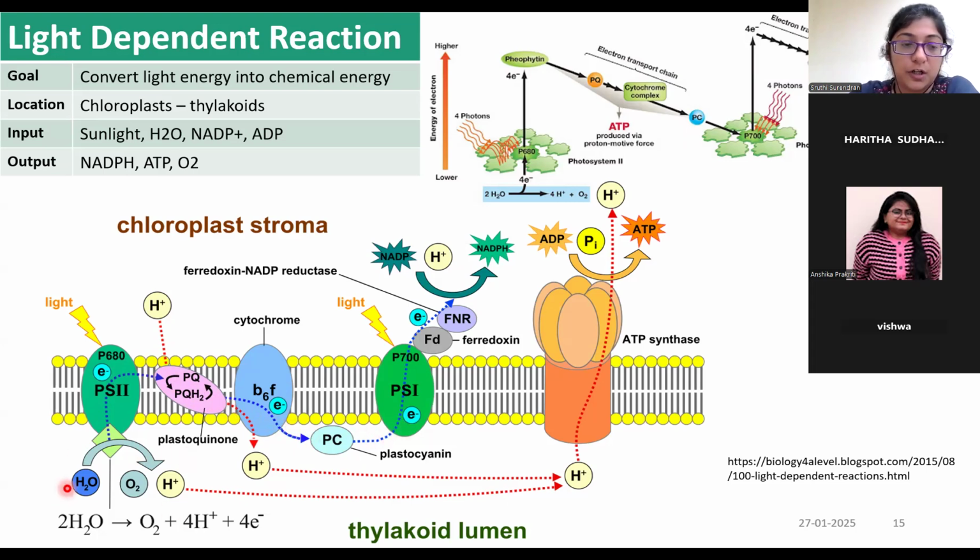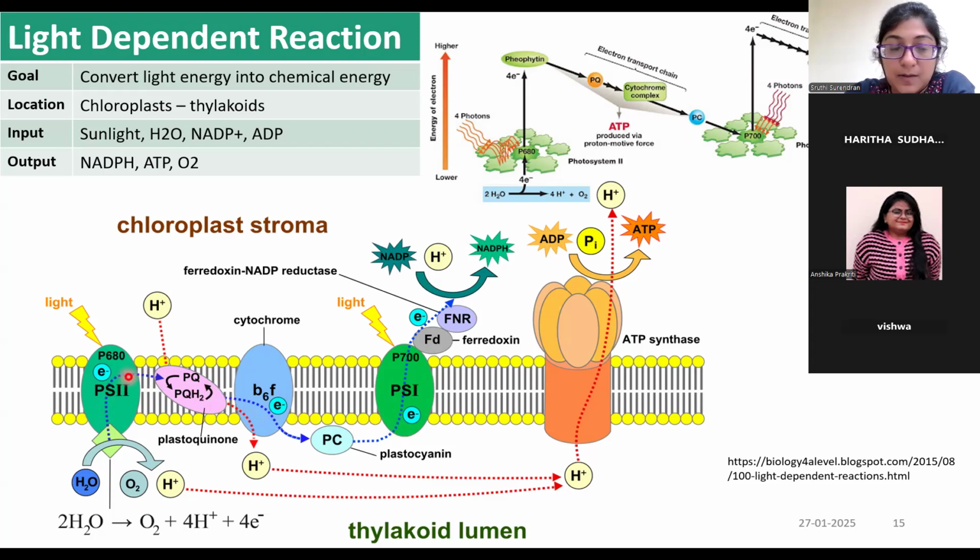So after this water molecule is split, the electrons available here get into a high energy state with the help of P680, which is the chlorophyll molecule that takes in light, and are eventually transported across all of these protein complexes to reach PS1. As this electron gets transported from PS2 to PS1, the energy of this electron is going to go down, from a high energy state to a low energy state.